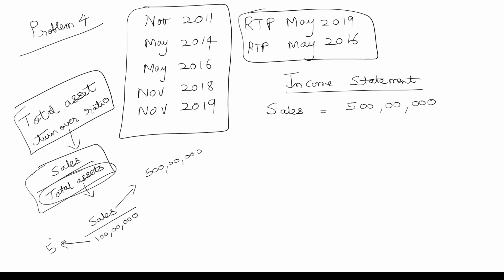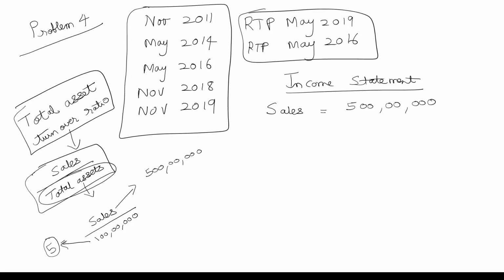For example, if I take a total assets turnover ratio of 5 times, what would this mean? This would say for every 1 unit of assets deployed, 5 units of sales is generated by the business. So if I have 1 rupee of investment in assets, then I probably generate 5 rupees of sales from that. That's measured by the total asset turnover ratio.